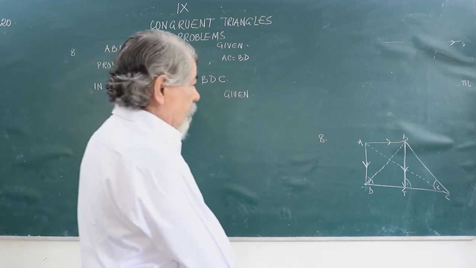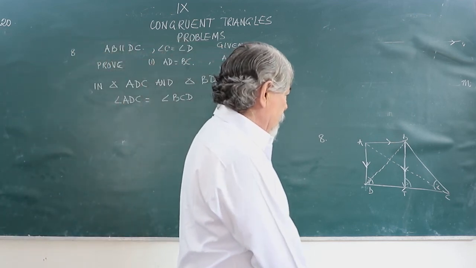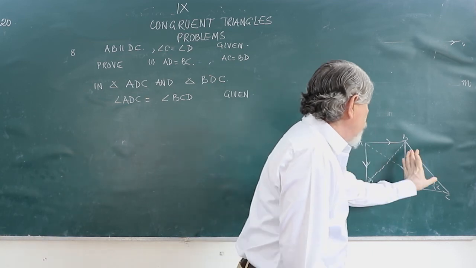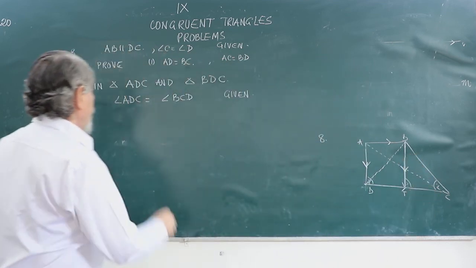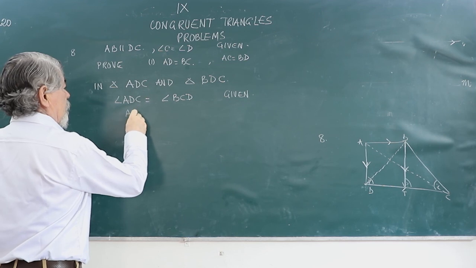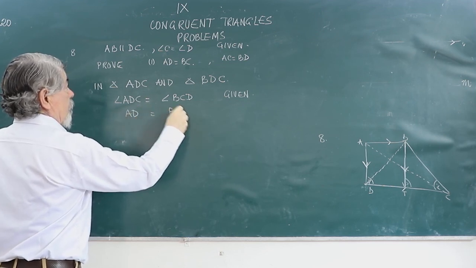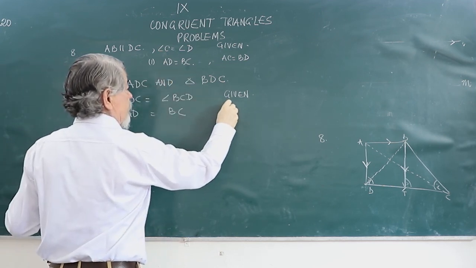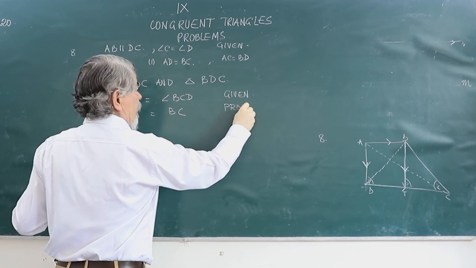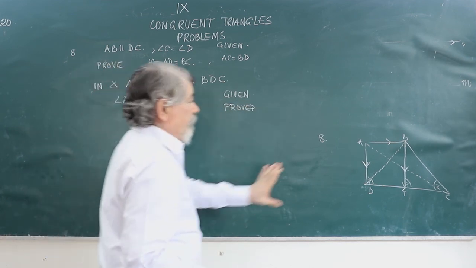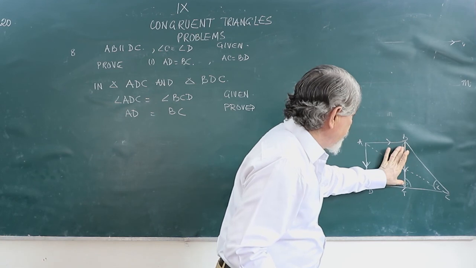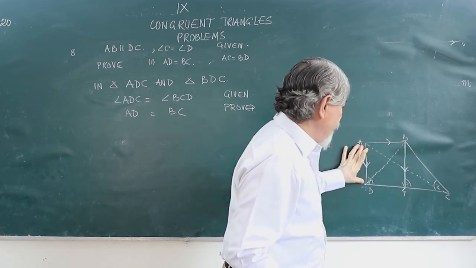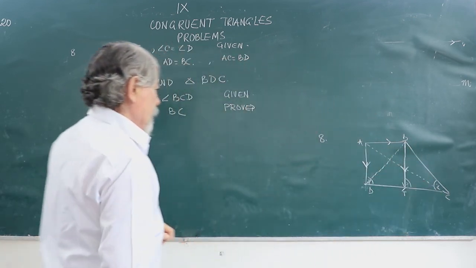And what else? We have proved that AD is equal to BC. In the first part, we proved that. How did we prove it? We said AD is equal to BT and BT is equal to BC. So AD and BC are equal.